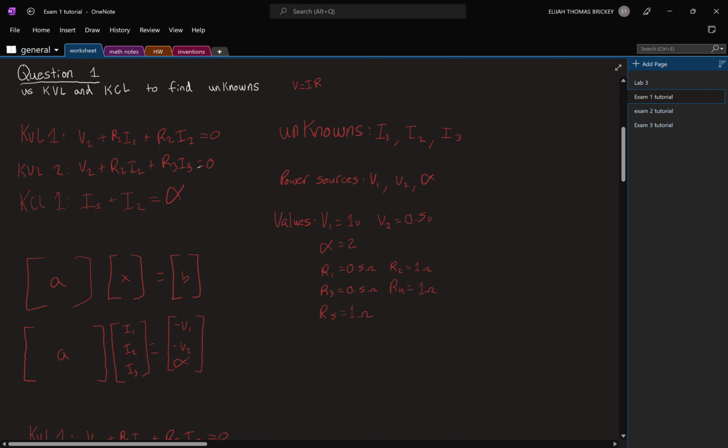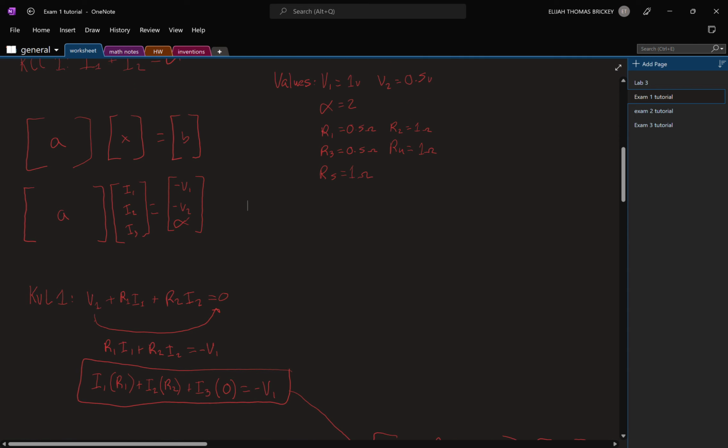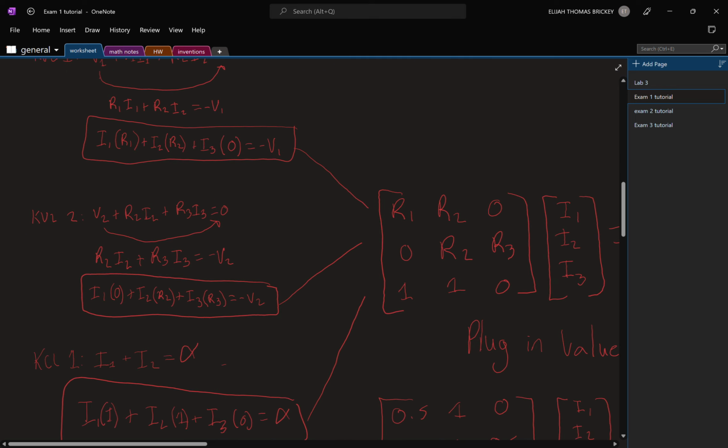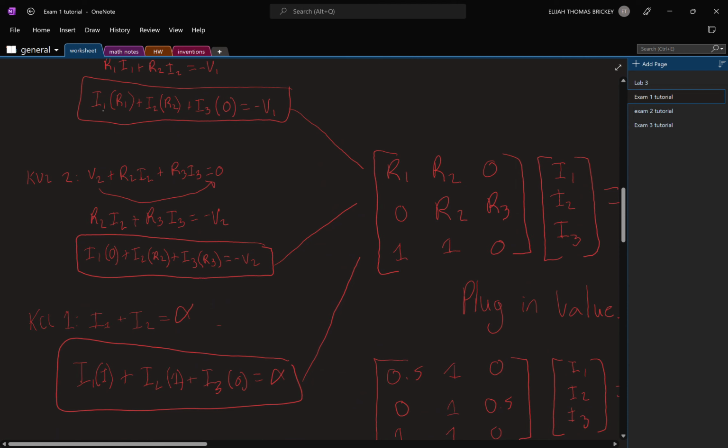The first step to do is to assign values right here so that I could solve. I took each equation, KVL1, KVL2, and KCL1, and I reformatted them into being in terms of I1, I2, and I3, and made them equal the power sources.